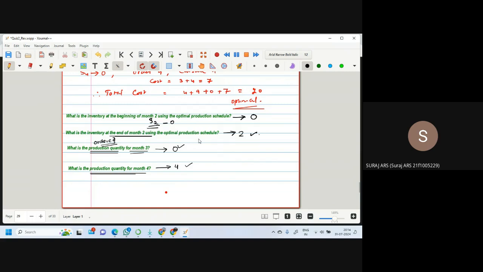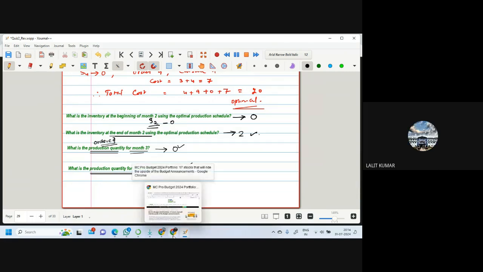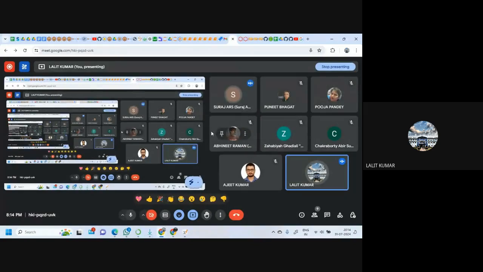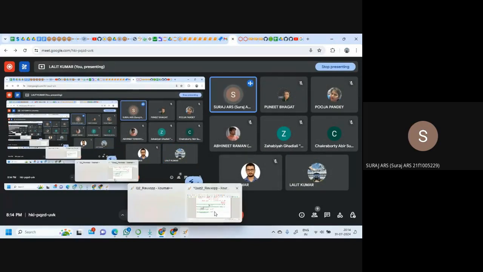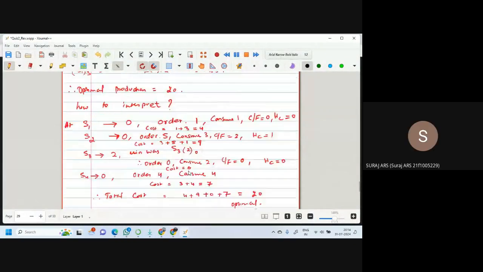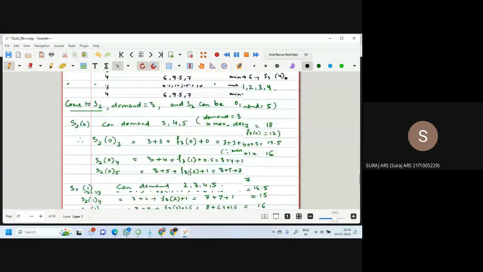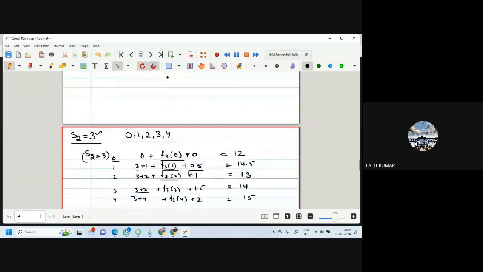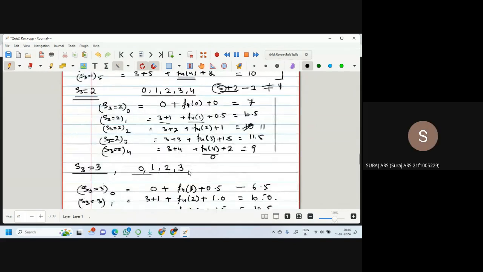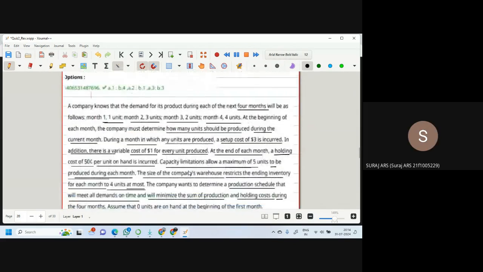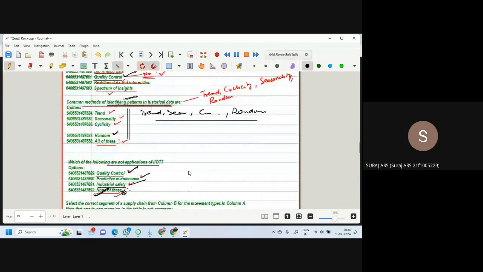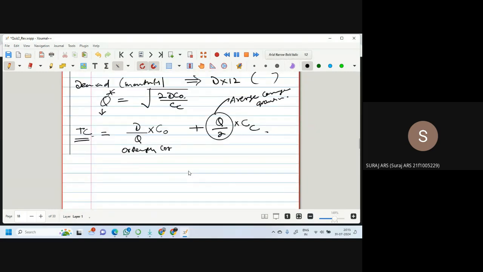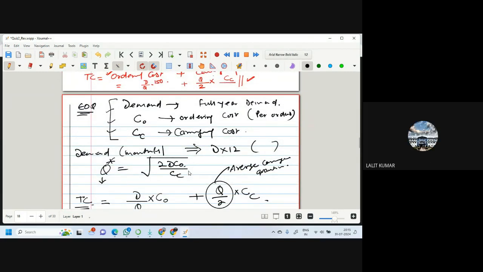Got it. So anyone any doubt here? In page number 16, that estimated minus actual error question. The formula was like root of 2 D C not by C C, right? But the 2 was missing, I guess. Yes, here I have covered it.